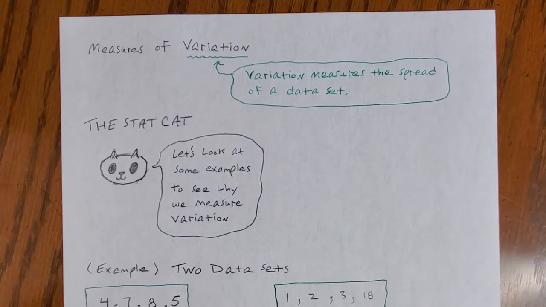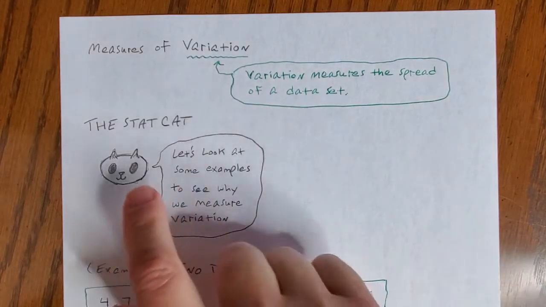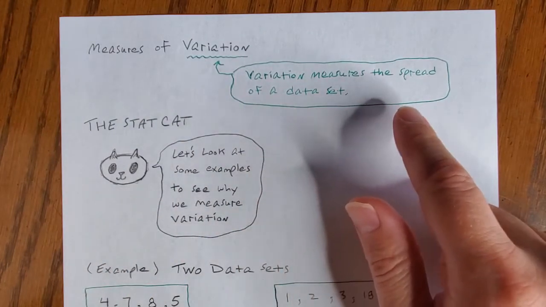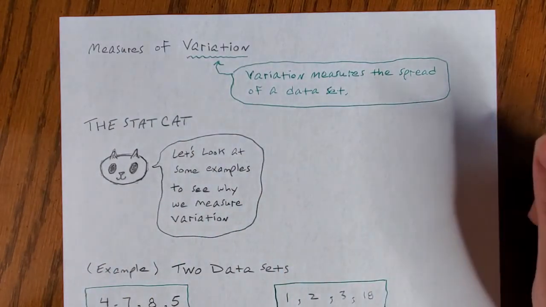Can you imagine that you made some measurements? Say you're a vet and you weigh all the cats that come in. It might be that all those weights are fairly close to each other, or it might be that they're really spread out.